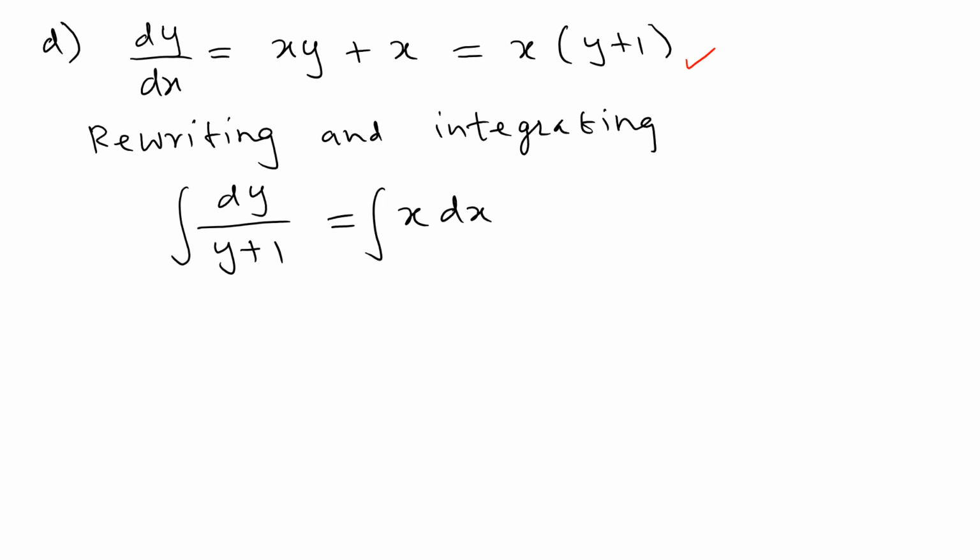And then how we do this one, sometimes you may think that you have to use the substitution here. Actually, you can do that, but you really don't need that. If you have y plus 1, something interesting happens. When you take the derivative, du over dy equals 1 because of the y term.